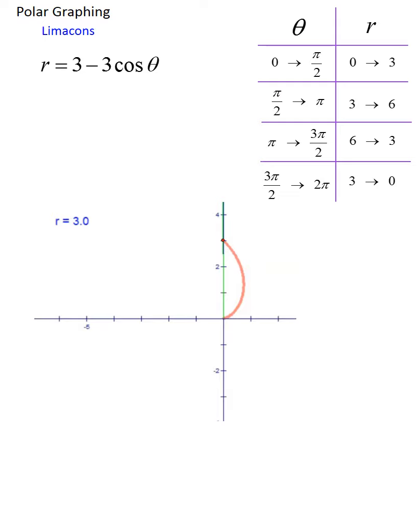Then, as theta sweeps through quadrant 2, r will go from 3 to 6. Then, through quadrant 3, r goes from 6 to 3. And finally, in quadrant 4, r goes from 3 back to 0 where we started.